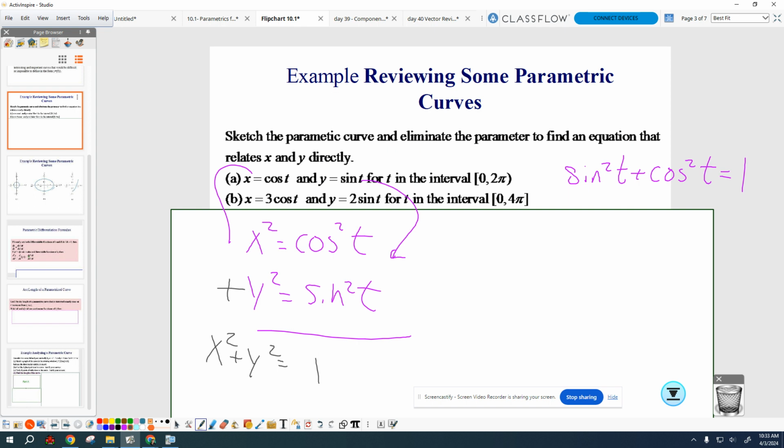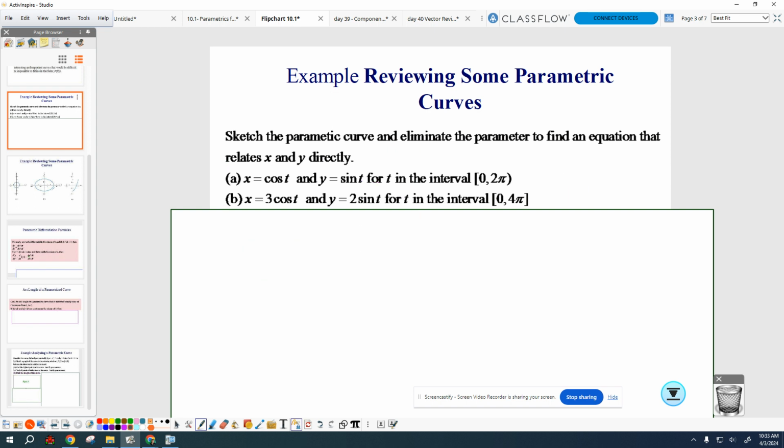Okay? All right, so Chris, with that as the hint, how would you do B? This is the same way, but move the coefficient around. X over 3 equals cosine, and y over 2 equals sine.